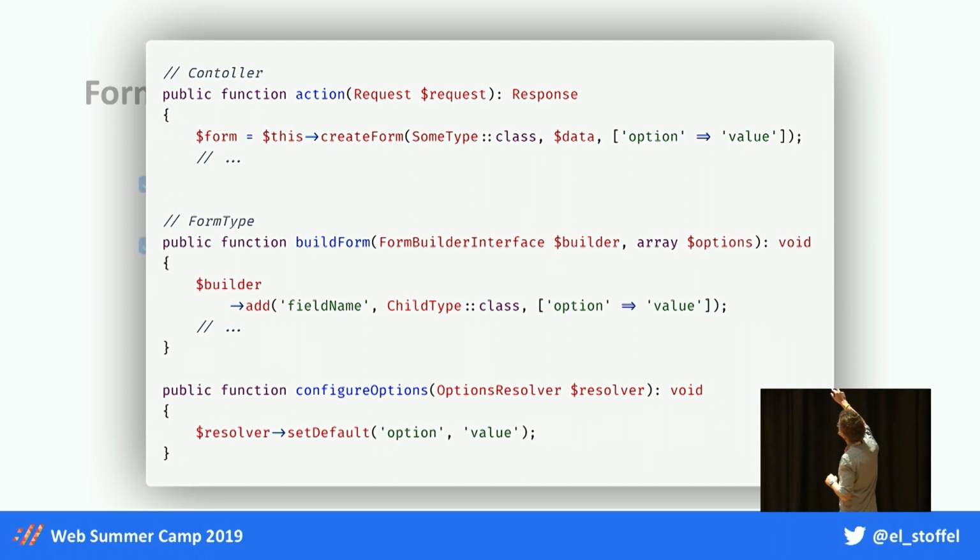And we can give options using the create form as a third argument, and we will get the options in the build form as a second argument. And we can define default options or required options in the configure options. So on the resolver there is not only a set default, but a set required, for example, as well. And you can even define which types are valid for an option.